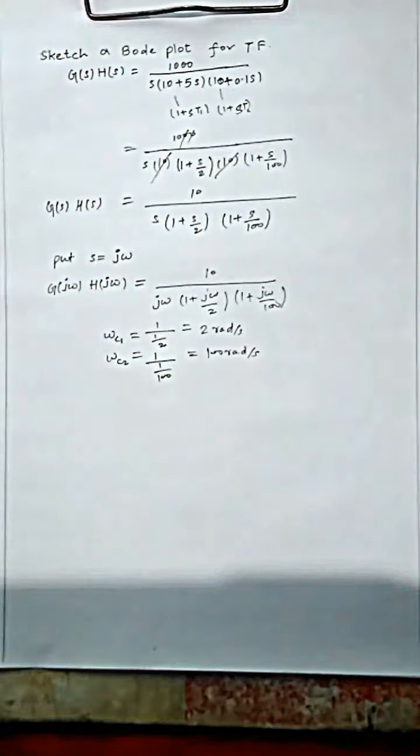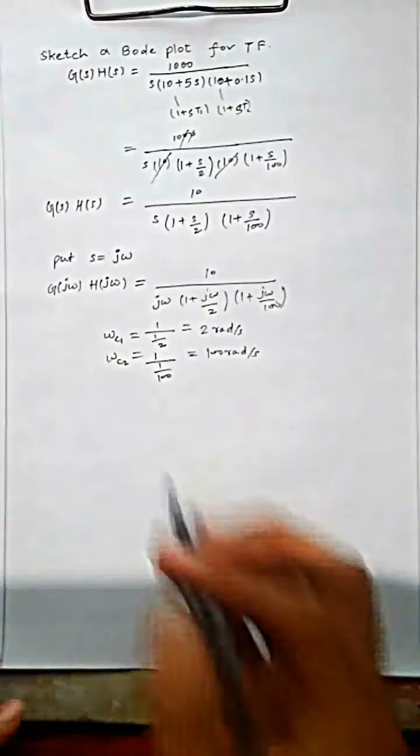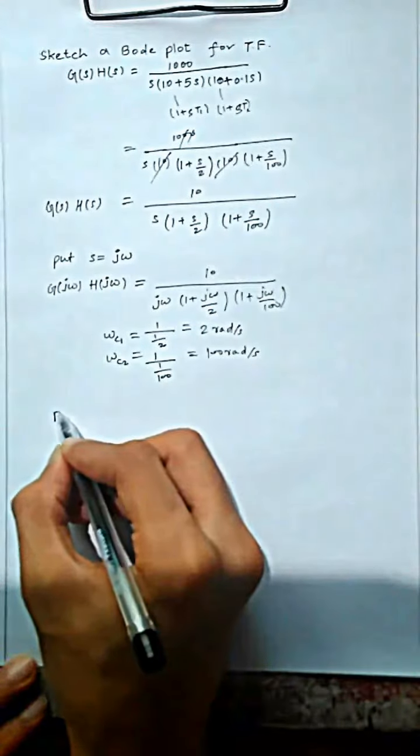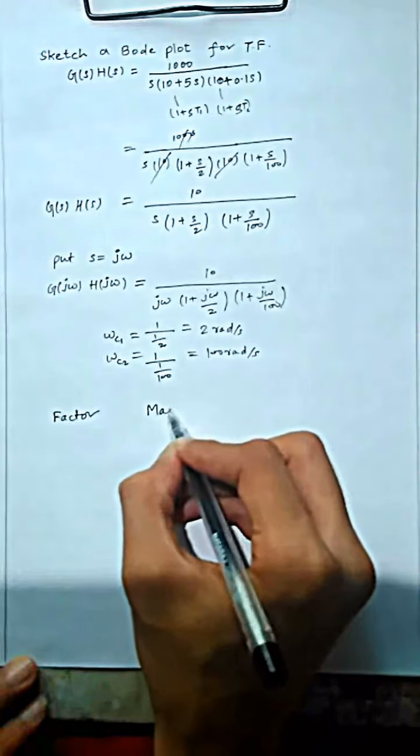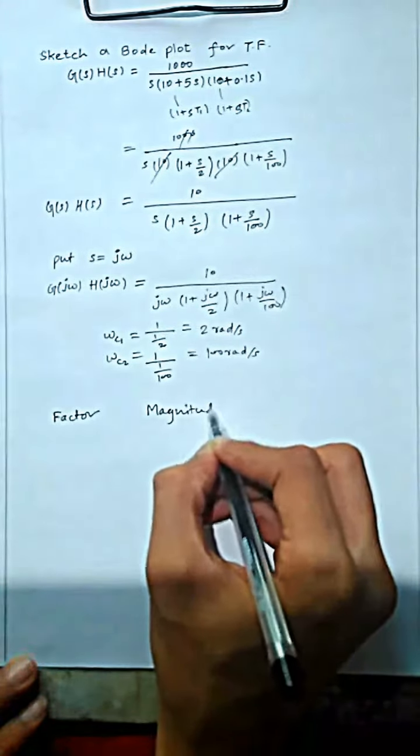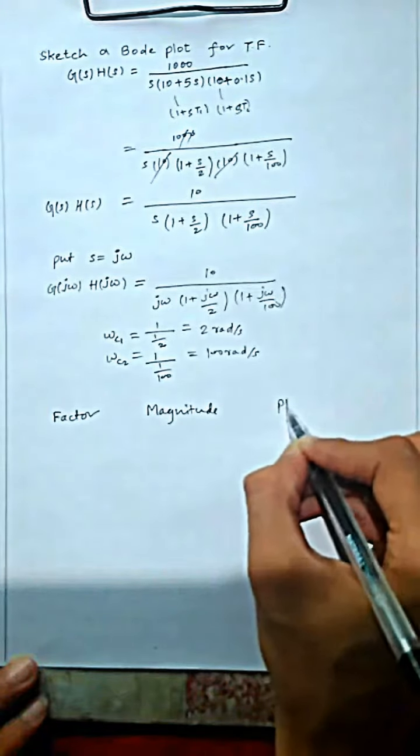For sketching a Bode plot, we need to have certain values. To get those values, we will draw a table. I am making this table for factor, magnitude, and phase.